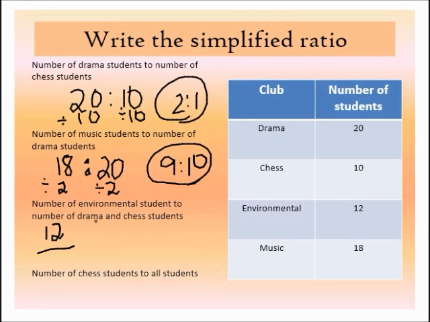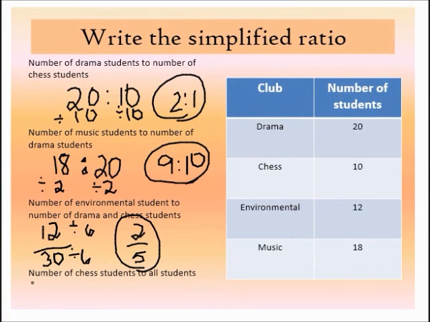The number on the bottom is drama and chess together, so that's 30. Okay, so now we're going to divide both of these. These are both divisible by 6. Greatest common factor. We have 2 to 5. That's our final answer.